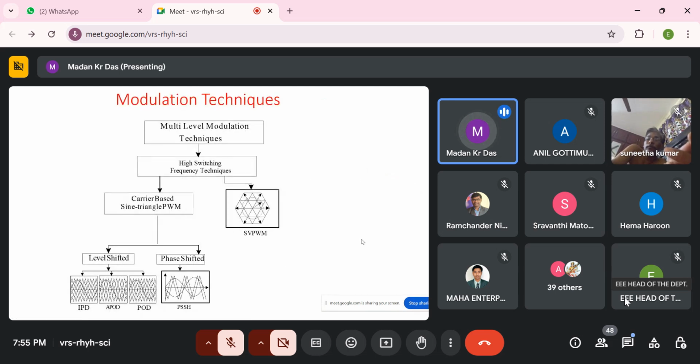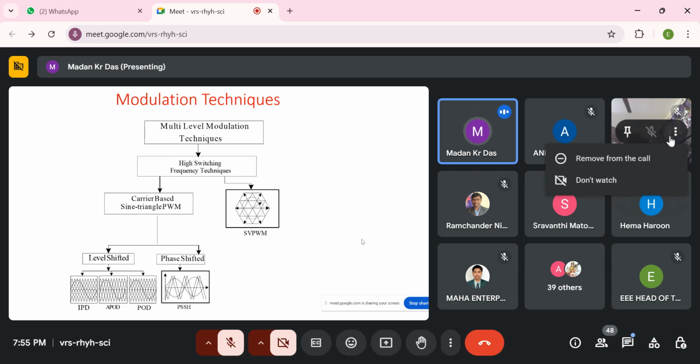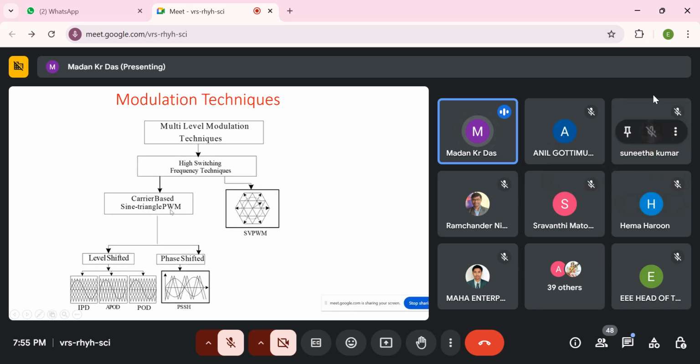For multi-level inverters, there are many modulation techniques, but we discuss only a few. There are two types: the carrier-based sine triangle PWM techniques and the space vector PWM technique. In this slide, we discuss the level shifted PWM technique. Another PWM technique is phase shifted. Level shifted PWM has three types.